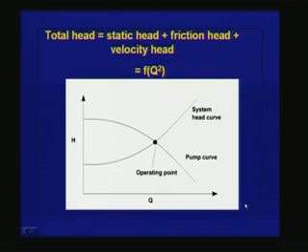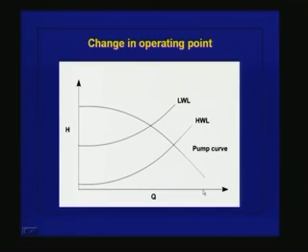During the life cycle of the pump, the water level in the sump could be varying between two limits, a low water limit and a high water limit. When the water level in the sump is very low, then the static lift increases, and when the pump is operating under such conditions, you will get a low discharge to balance the high head.